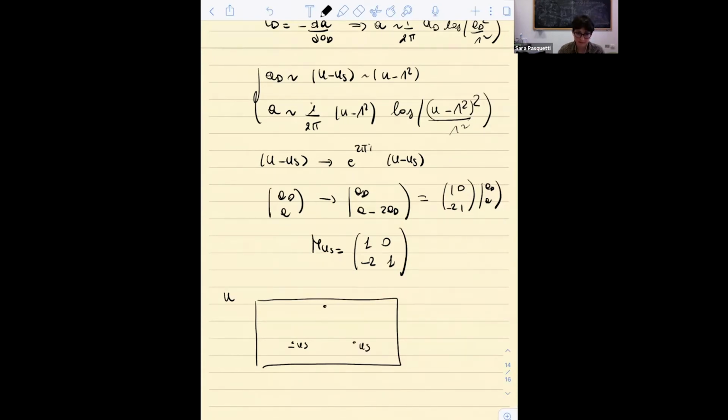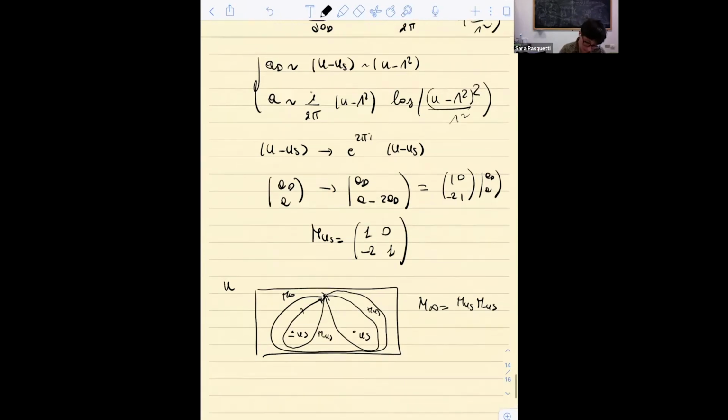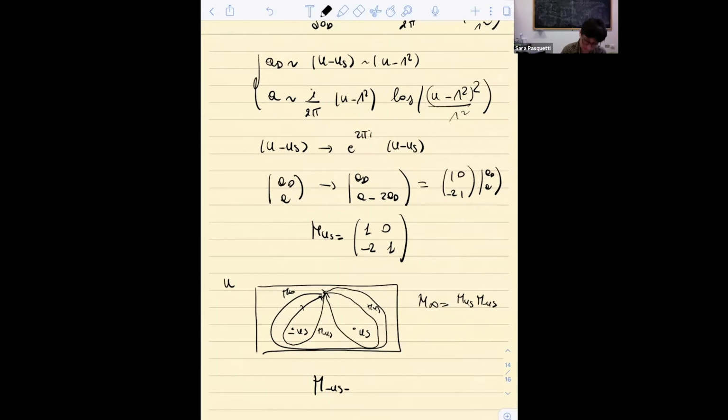And you see that if I know the monodromy MUS, and I then know, because we have already discussed the monodromy at infinity, the monodromy around this other point, minus US, it's going to be written in terms of the other two monodromies, because the monodromy at infinity is going to be the product of the other two monodromies. So I know the matrix implementing the monodromy around the other singular point.